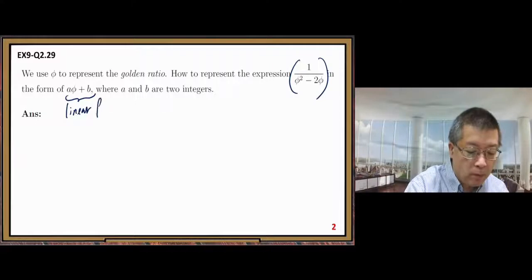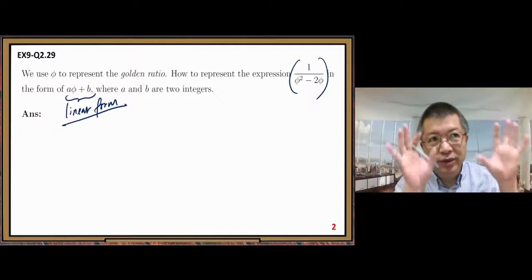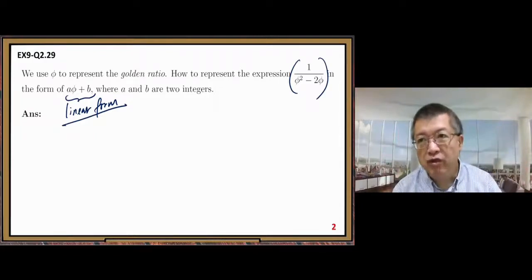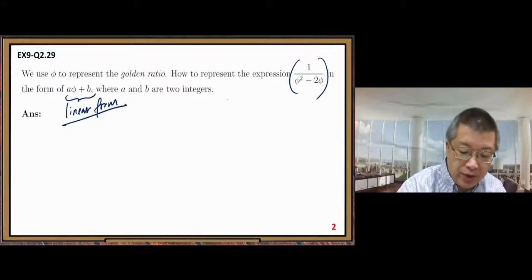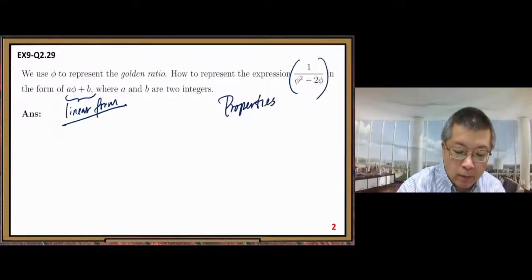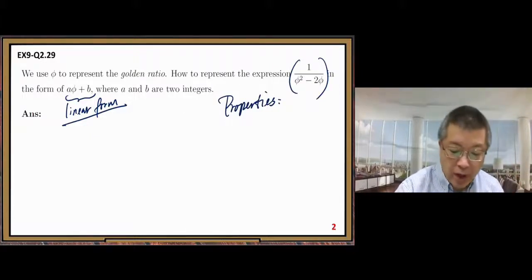Linear form is more friendly than a fractional form in general. So we want to do that kind of formula transformation. But in order to do that, we need to use the properties of the golden ratio. Remember, we have two properties. One: phi squared equals phi plus 1.